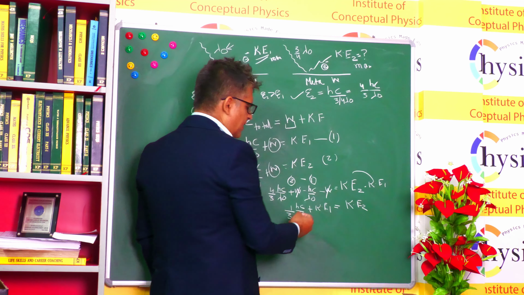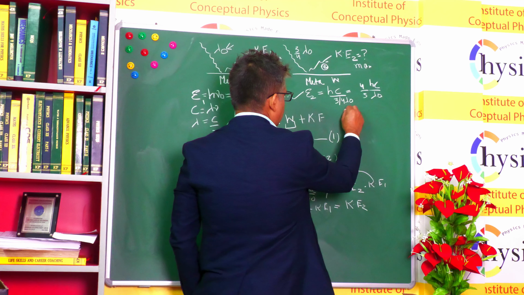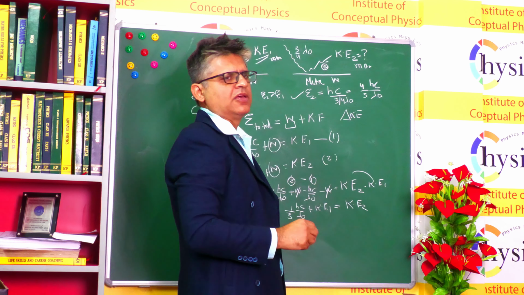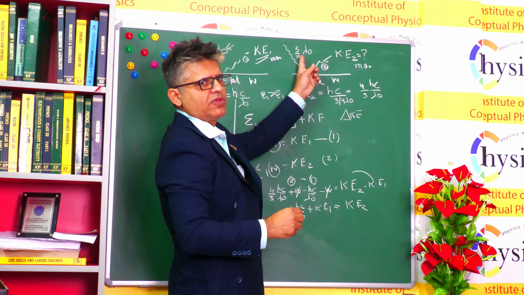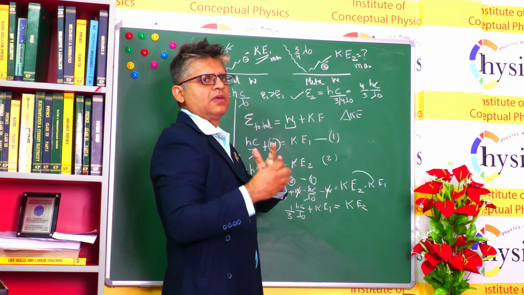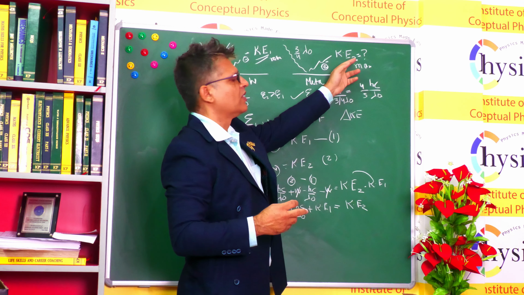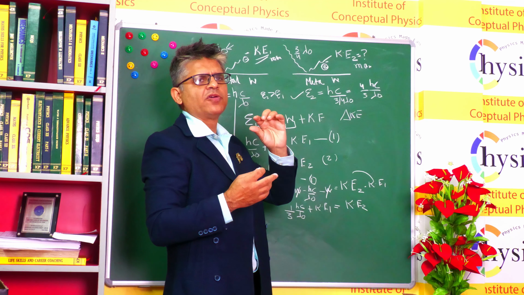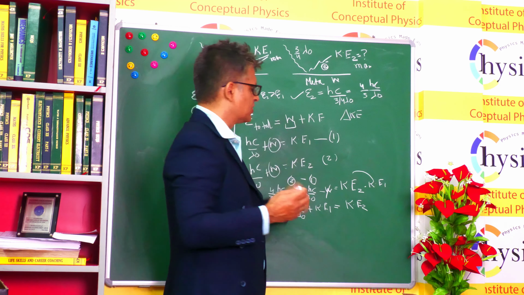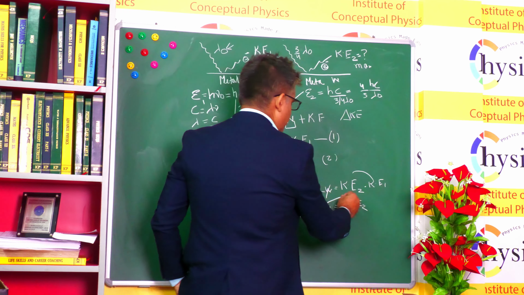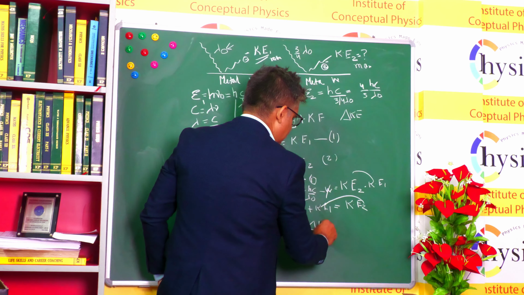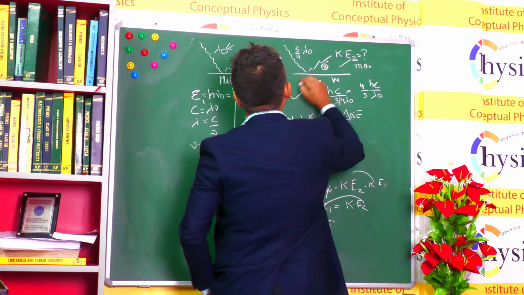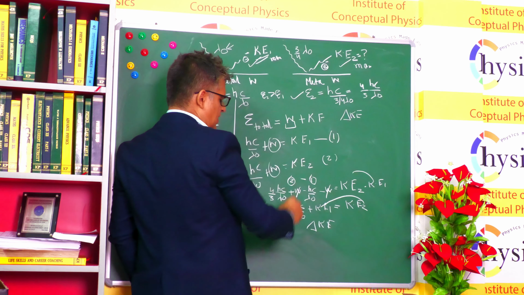The question is, what is the increase in kinetic energy, which is delta KE? Because the wavelength has gone down, the frequency went up, the kinetic energy of this electron went up because more energy is available, but only a certain amount of energy was used as work function. So if you subtract these two, what you get is the difference in kinetic energy between the photoelectron emitted here versus the photoelectron emitted here.